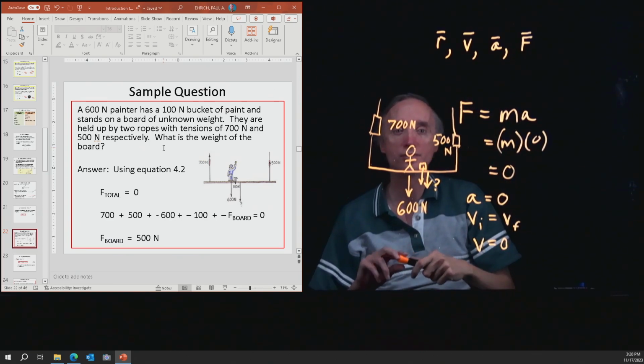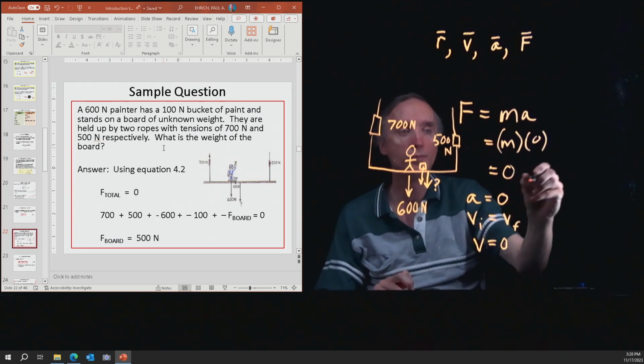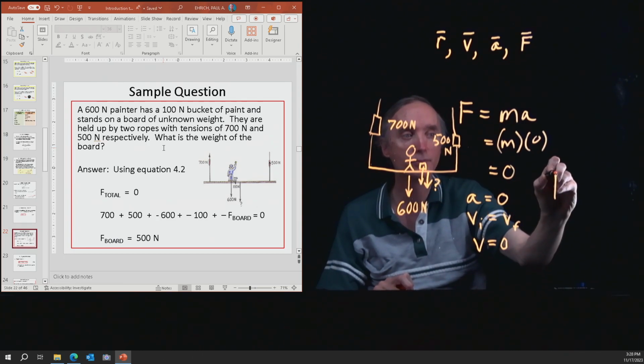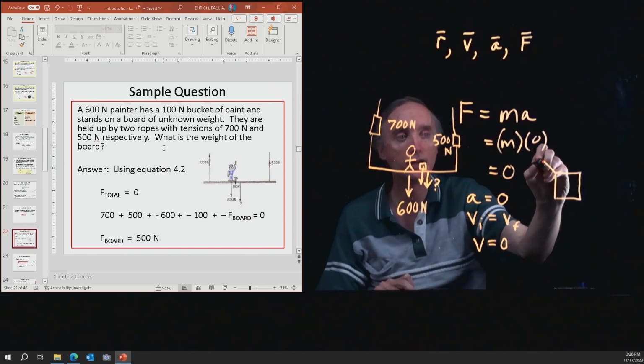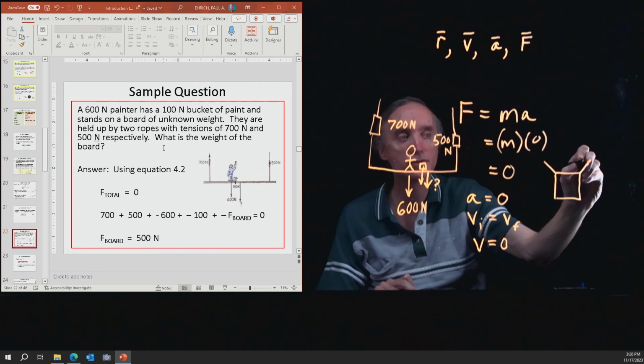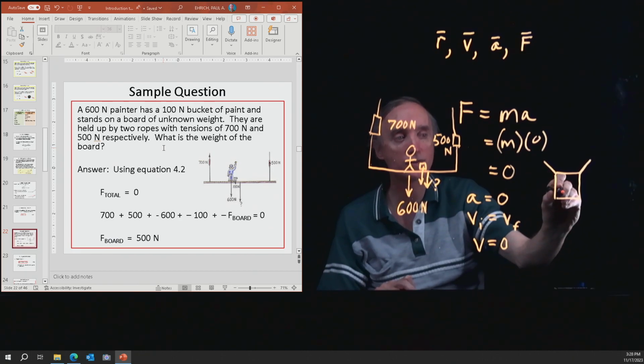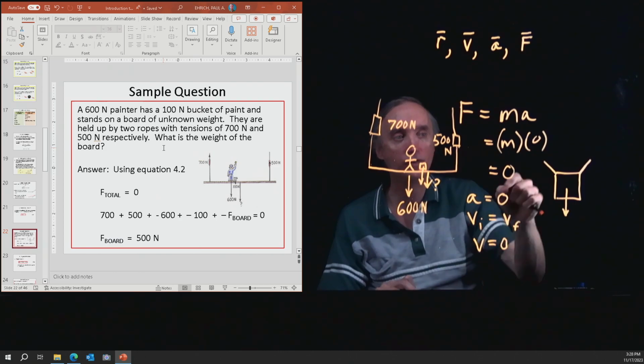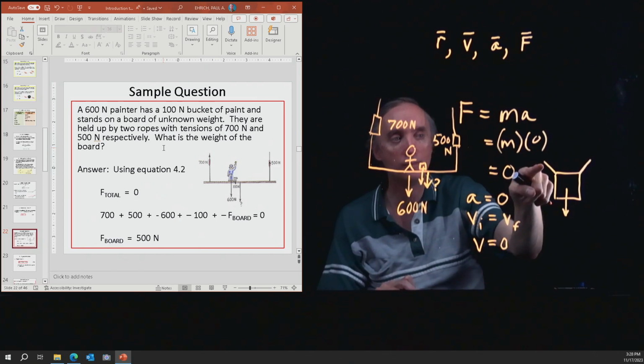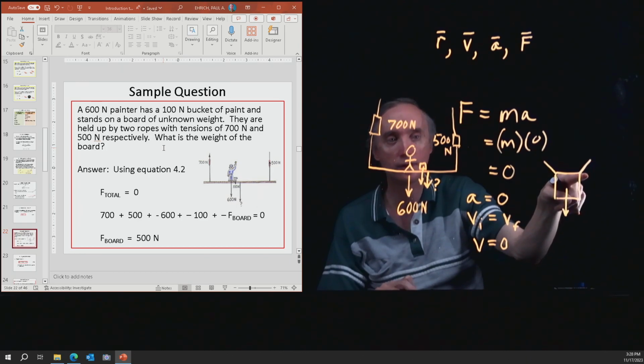Another example, which is more complicated, would be hanging a picture. So you've got a picture here, and then it's got like 2 strings that are attached to it like that, and you have to figure out, if this thing has a certain weight that's pulling down, can you figure out what would be the amount of force in this string and the amount of force in this string?